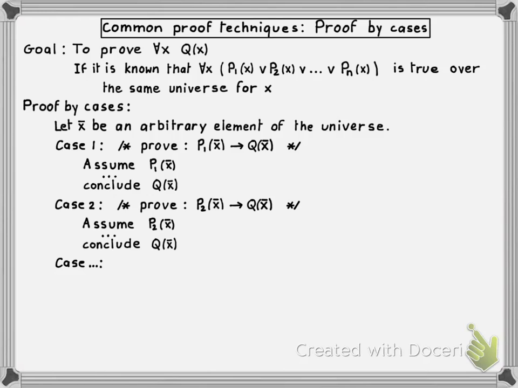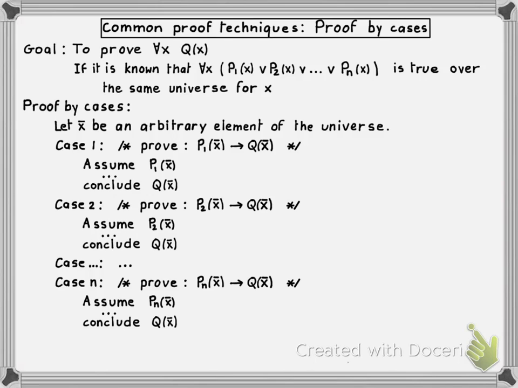And so on and so forth through all the intermediate cases until we reach the last case, case n, for which we must prove that pn of x bar implies q of x bar. Again, one last time, we assume the hypothesis, namely pn of x bar holds, and we write some proof that allows us to infer that q of x bar holds.